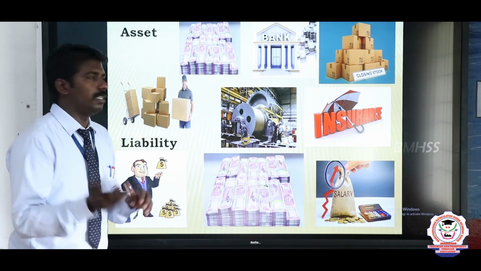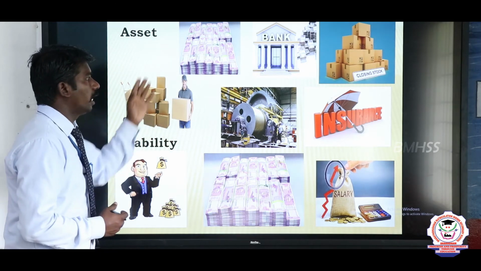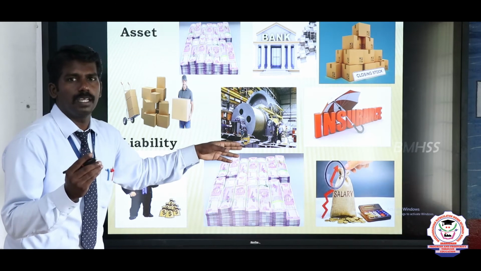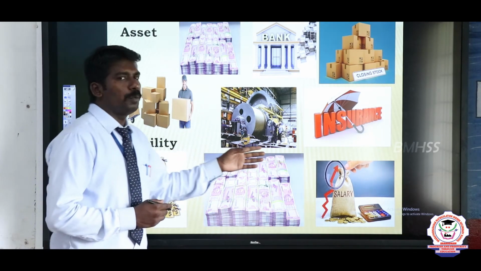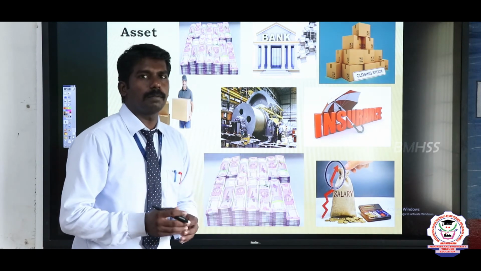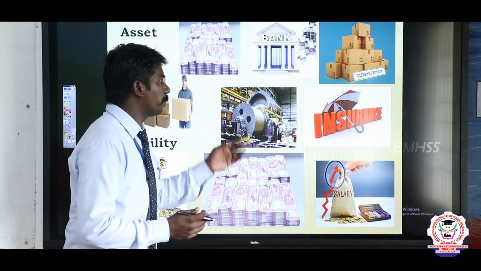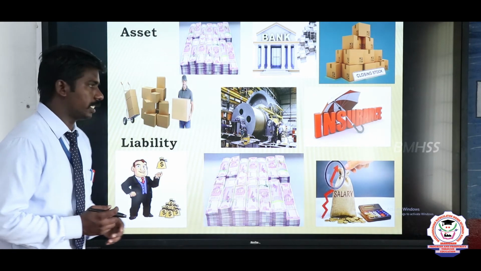Later, he will pay the amount for the purchase of goods and services. And then machinery. Machinery is the equipment used for production of goods and services in the company. And then prepaid expenses. Some of the expenses are paid by the company in advance, for example, insurance. So these are the examples of assets.